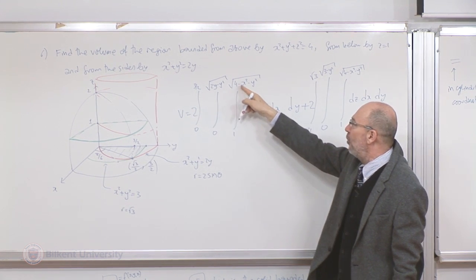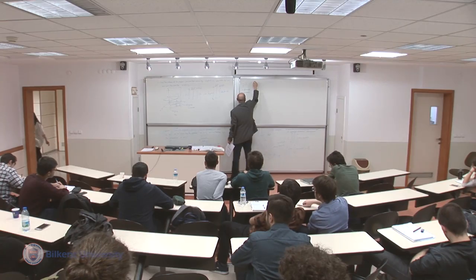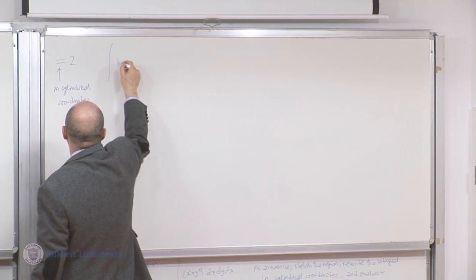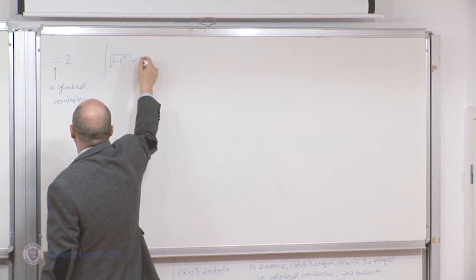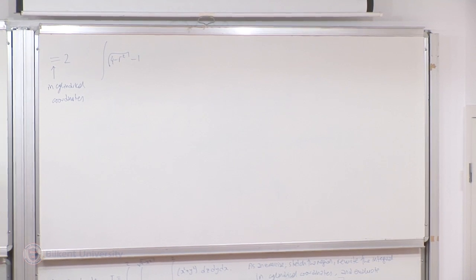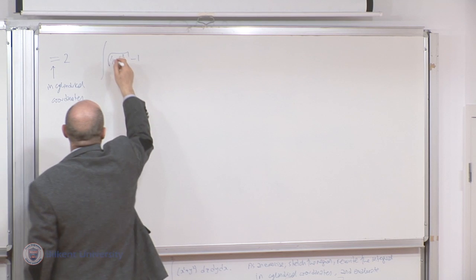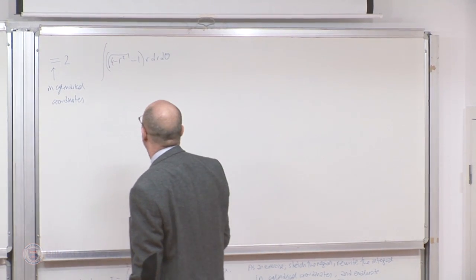We have 4 minus r squared. Again, I'm multiplying this by 2. Square root of 4 minus r squared, minus 1 here. Then this part will be replaced by r dr d theta.